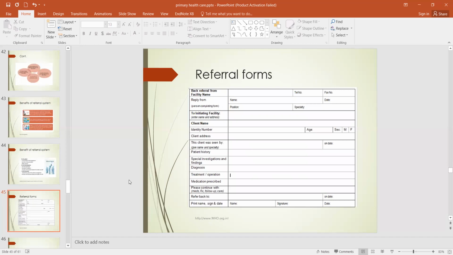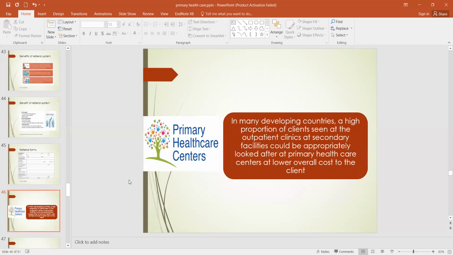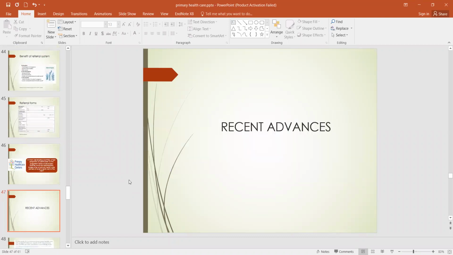These are the referral forms which are used to refer the patient from one hospital to another hospital. In many developing countries, a high proportion of clients seen at outpatient clinics at secondary facilities could be appropriately looked after at primary healthcare centers at lower overall cost to the client.